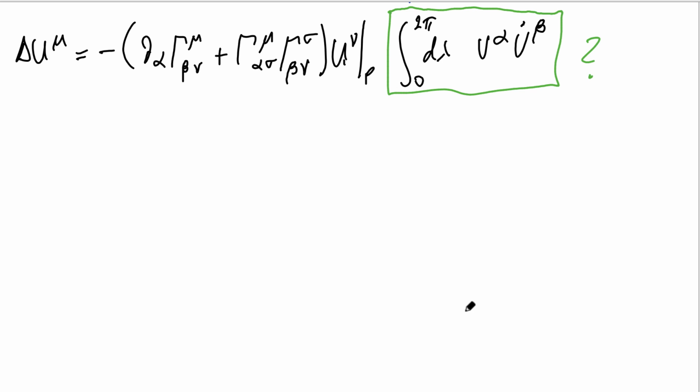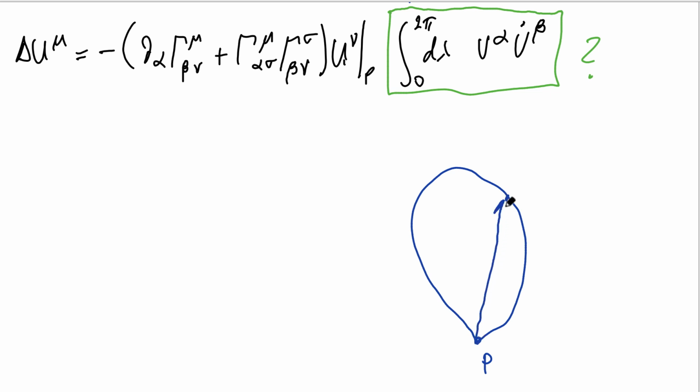Well, let's draw the picture once again of the loop. Here's the base point, P. This is the loop parameterized by lambda. Here's some generic point, lambda, along the loop. So what I'm drawing now is the displacement vector. This would be the vector with components v alpha of lambda, and a nearby point with parameter value lambda plus d lambda has the displacement vector v alpha of lambda plus d lambda.